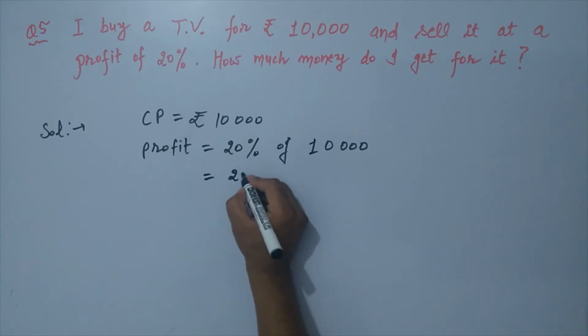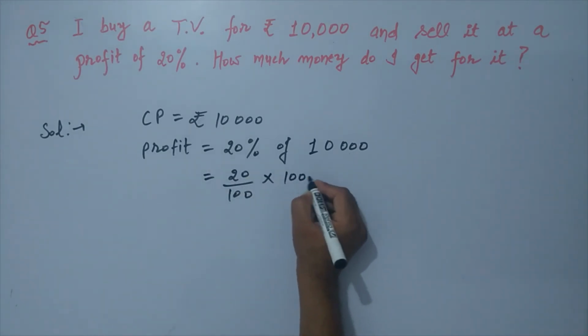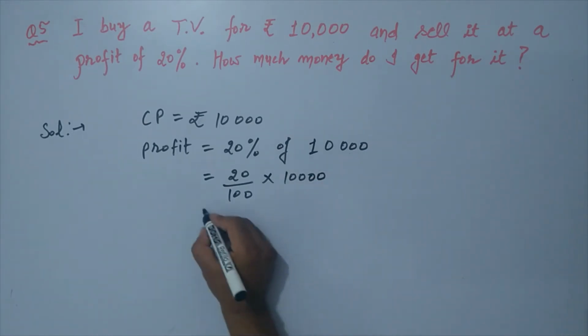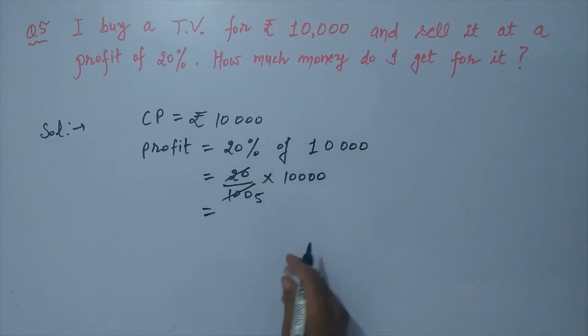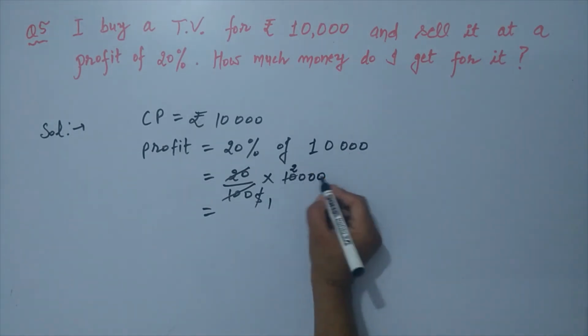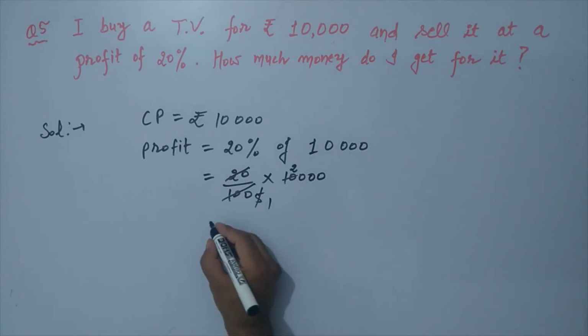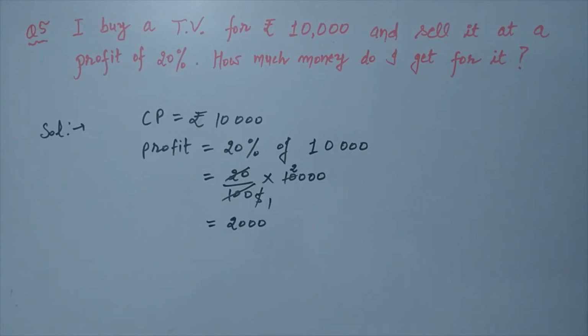That means 20/100 into 10,000. 25s are 100, 5 ones are 5, 5 twos are 10, 2,000 rupees. 2,000 is the profit.